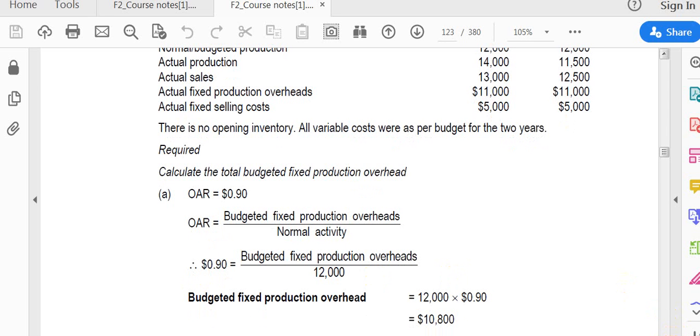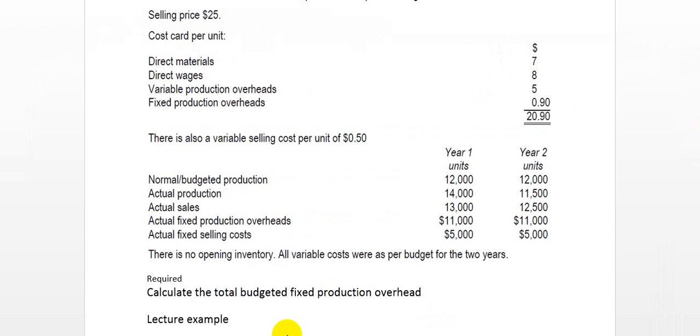You should be able to work the OAR formula forward and backward. So the total budgeted fixed production overheads, we get it from the OAR formula, which we know is OAR equals budgeted total production overheads over budgeted activity.